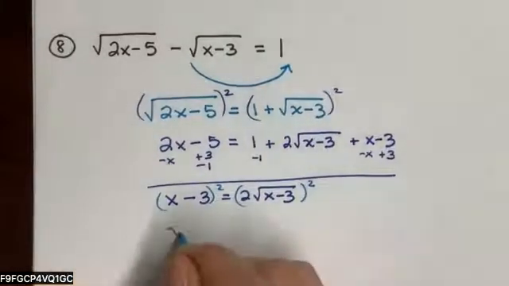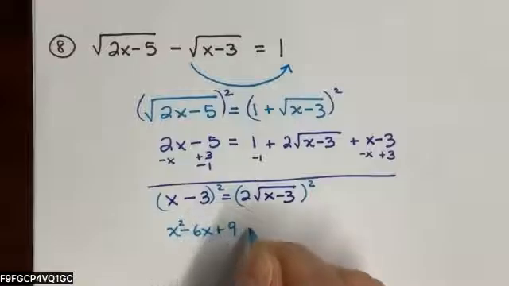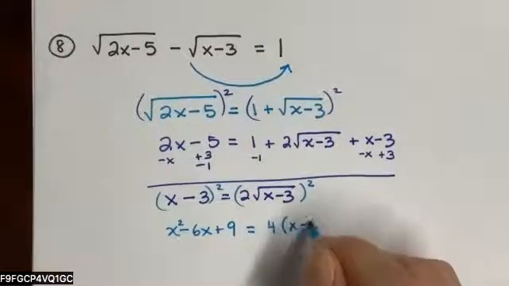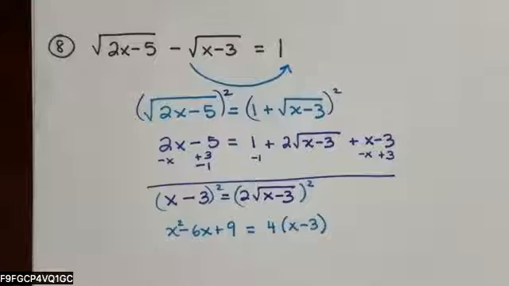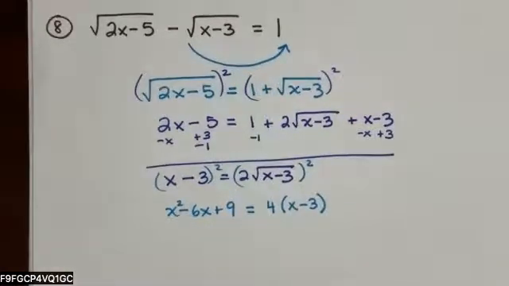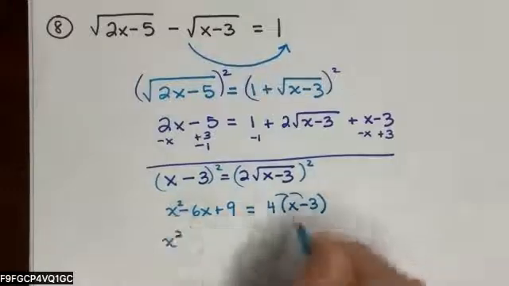Watch what happens with that. I'm going to square this side. On this side, I'm going to square the 2, which gives me 4. And then when I square the root, it just dumps out the x minus 3. You could have done that on the last problem, but I kind of like to divide them out whenever I can. I'm just a fan of that. So I'm going to distribute and subtract.